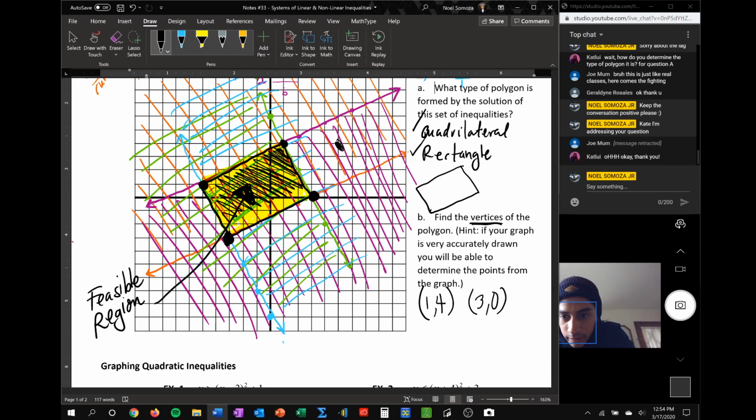The next point, this big dot down here, would be -3, comma -3. And then finally this last one right there is going to be -5, comma 1. So these 4 coordinates represent the vertices of the polygon.